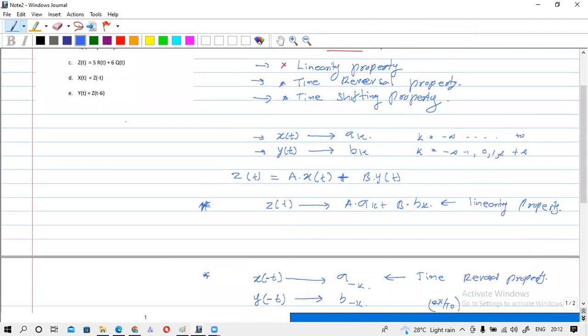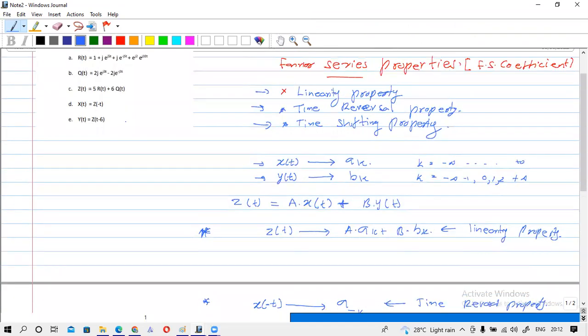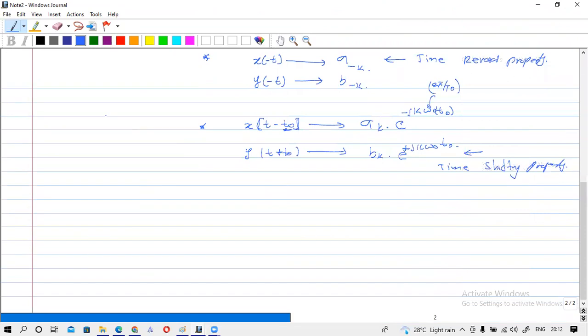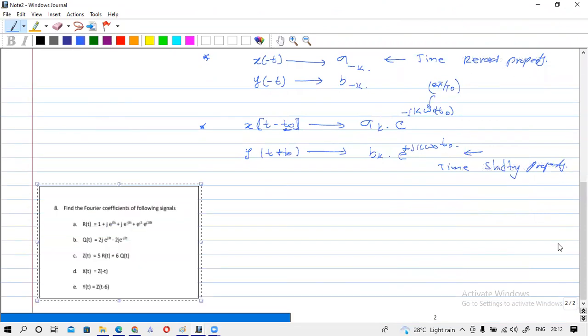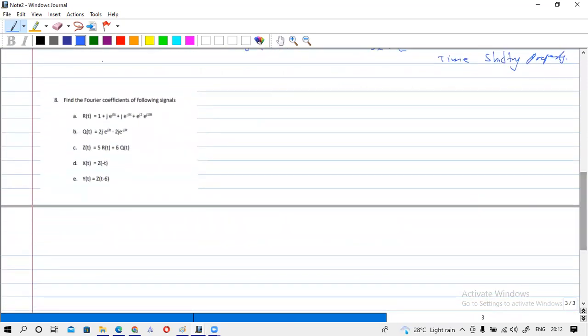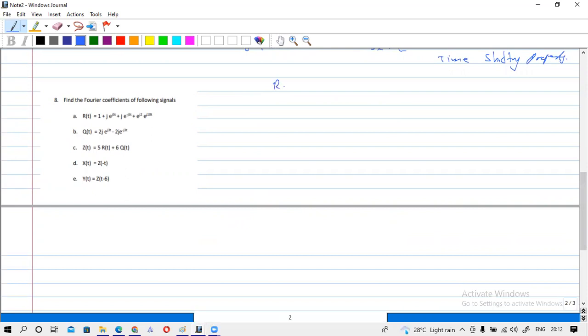So let's take the first signal, which is r(t). Let's say that this signal's Fourier coefficients are a_k. If you go in this manner, I think it will be easy.